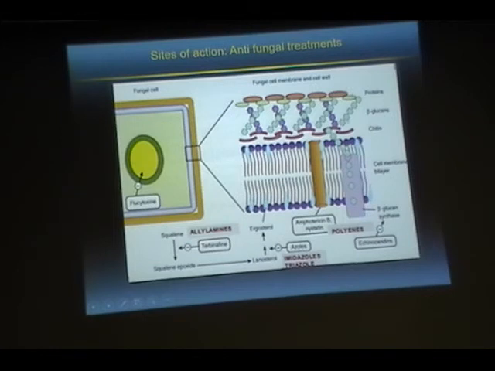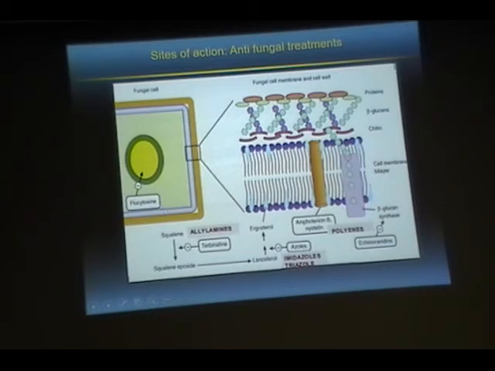It's made of proteins, beta-glucans, chitins, and the cellular membrane is made of a lipid-like substance called ergosterol. These are the ones that are targeted by the antifungal treatments that we just looked at.